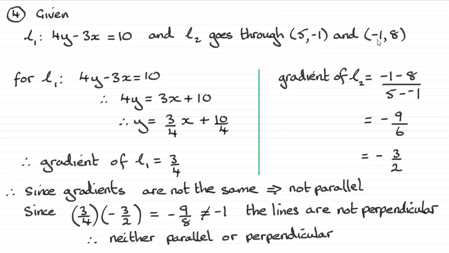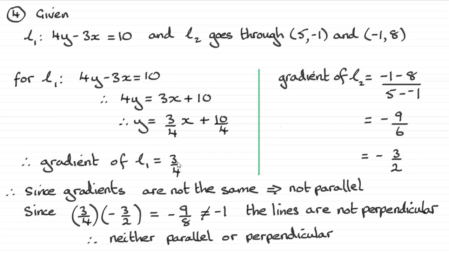You could do it the other way around, that is start with this y coordinate, 8 minus -1, divided by -1 minus that 5. You'll end up with exactly the same answer, -3/2.